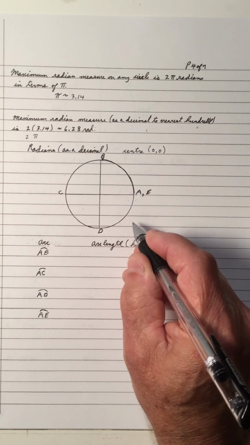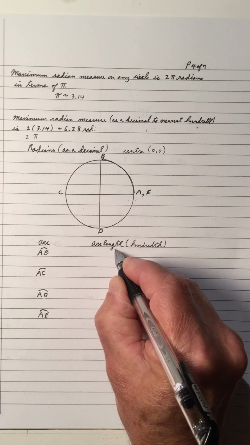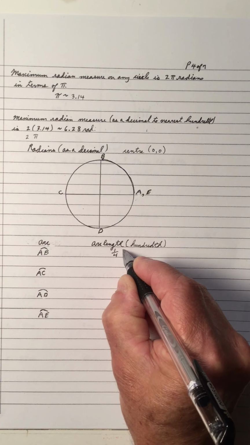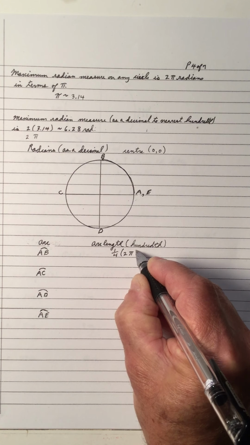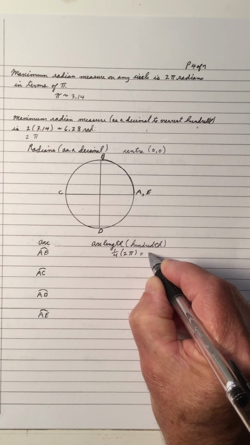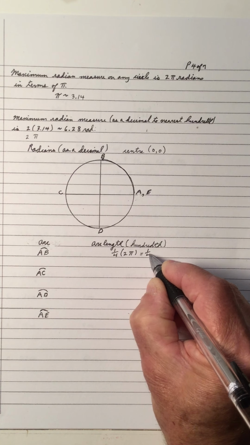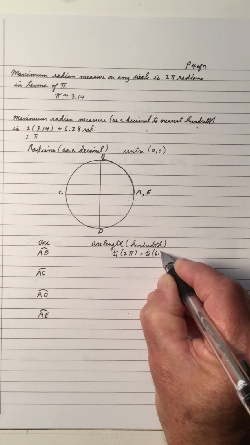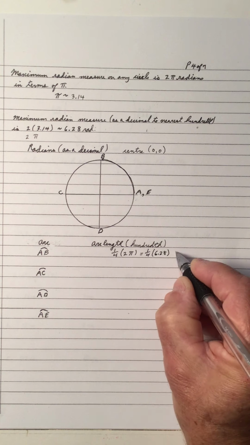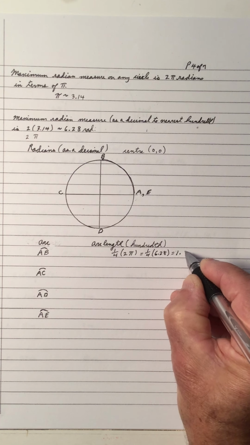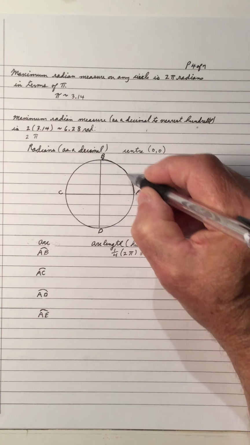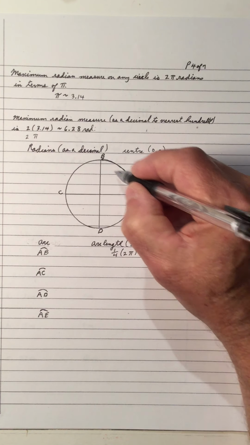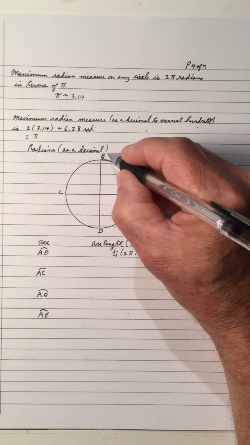And so that means that AB is 1/4 of the arc length. So it's 1/4 of 2 pi. So that's 1/4 of 6.28. And that works out to be 1.57 radians. Notice this is a 90-degree angle, and 90 degrees is 1/4 circle.